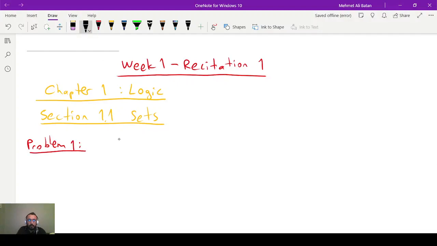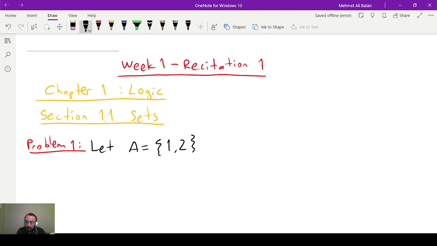Problem 1 is the following. Let A be a set which consists of 1 and 2 as elements.